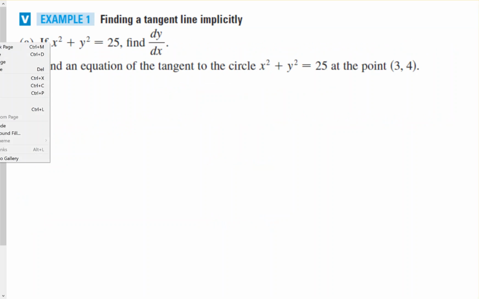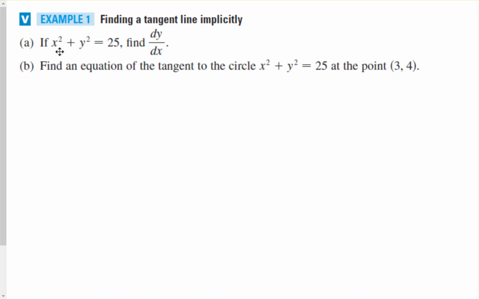So let's take a look at the first problem that we have. Here we have x squared plus y squared equals 25, and we're trying to find dy dx. For this problem, we're going to take the derivative of both sides. Take the derivative of the left.